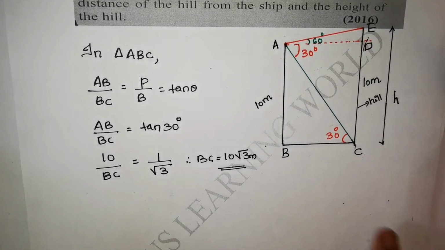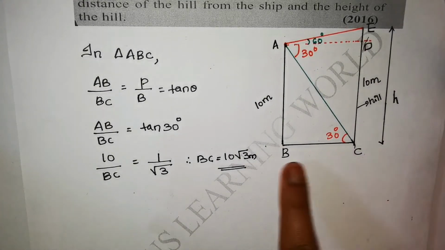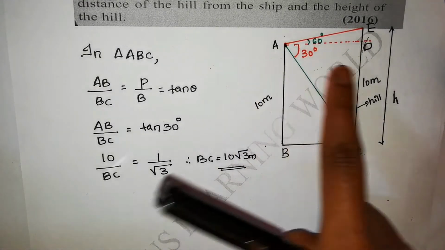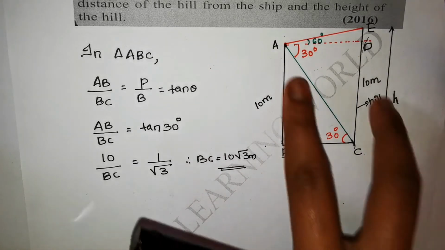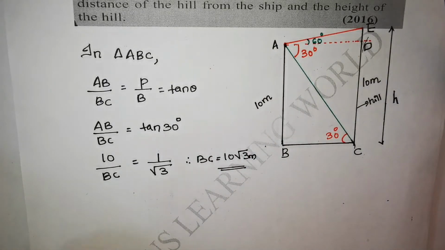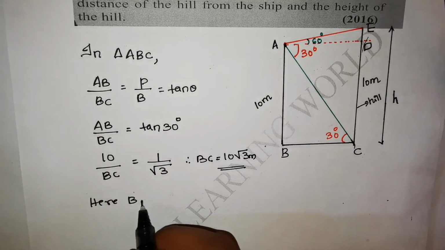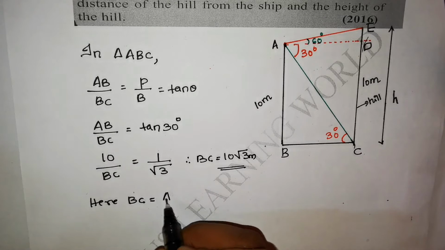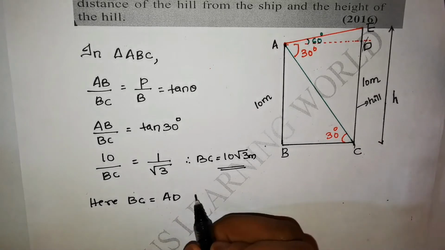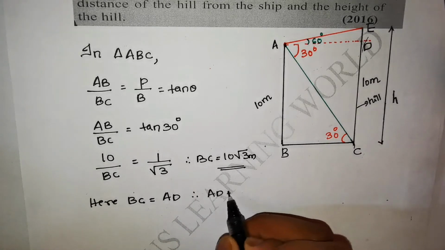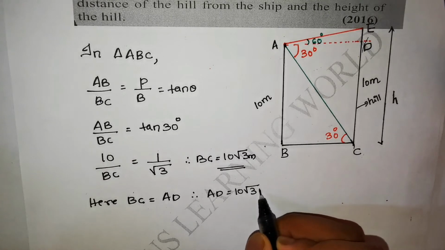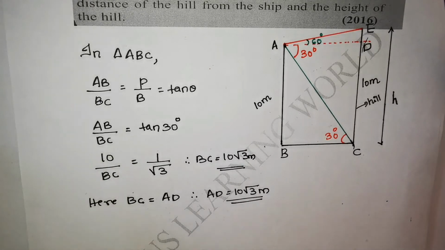Next, here BC is equal to AD. BC and AD have the same measurement. Therefore, you can write BC is equal to AD. Therefore, AD is also equal to 10 root 3 meters.